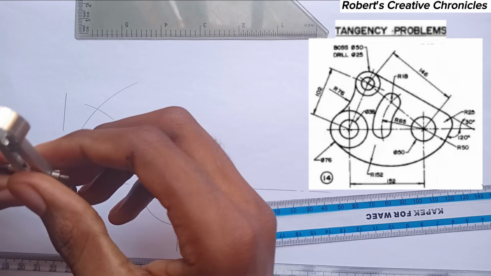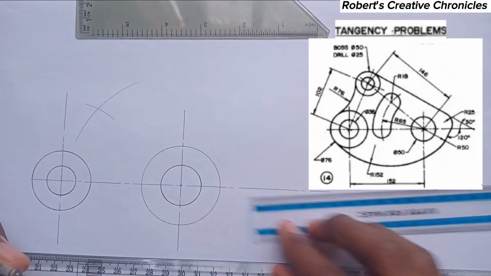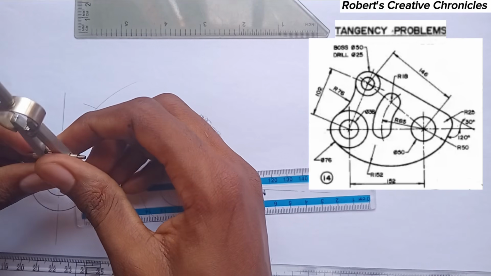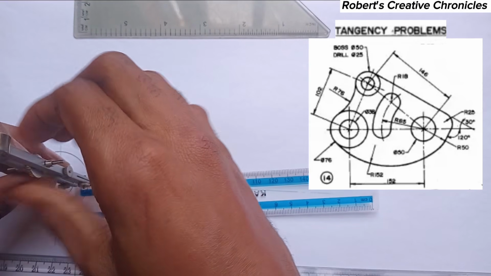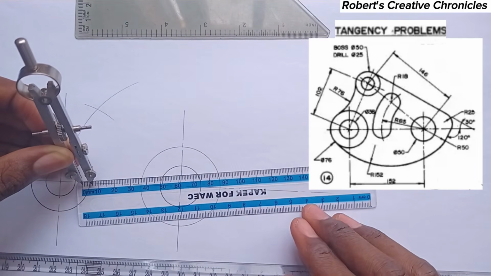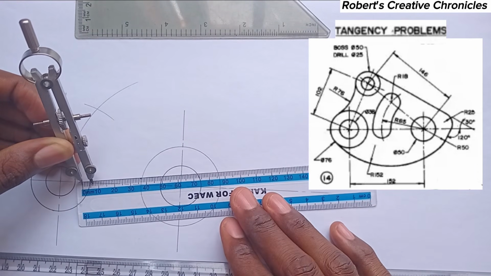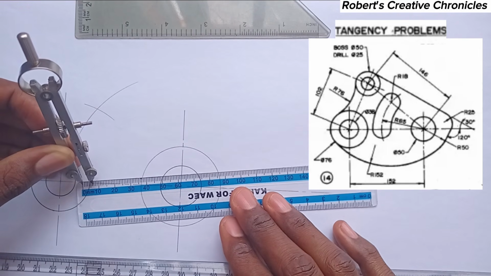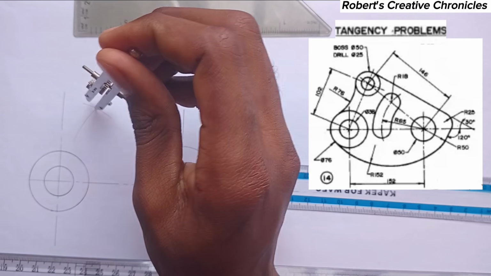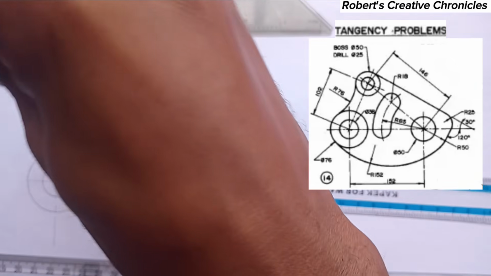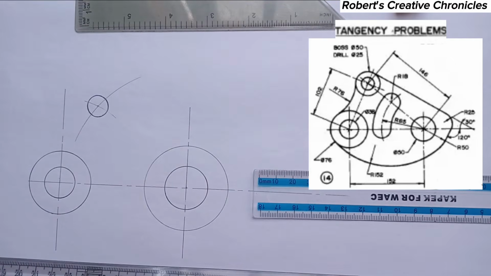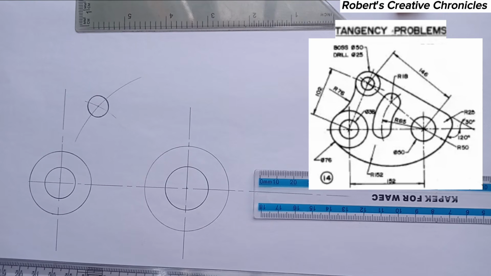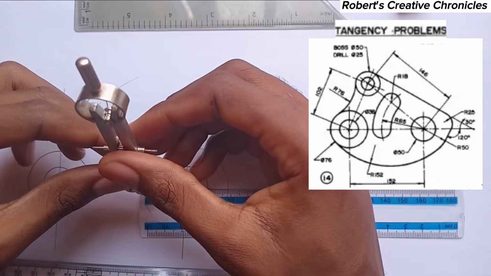The inner circle has a diameter of 25. So the diameter we're going to use is now 12.5. Half of 12.5 is what? Is 6.5. So we'll measure 6.5. This is 6.5. Then the outer one is what? Is 50 millimeter diameter. So half of it is 25. So we're going to measure 12.5.